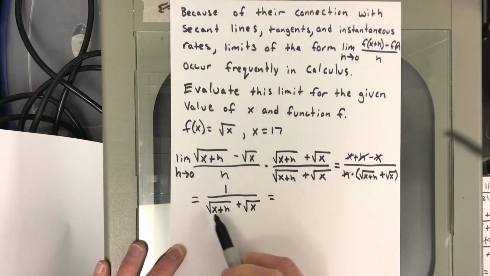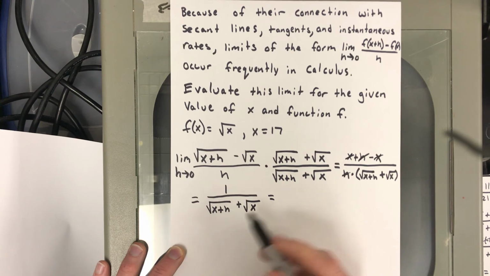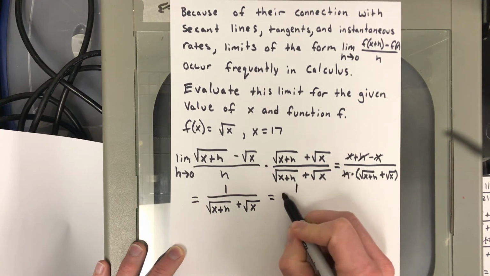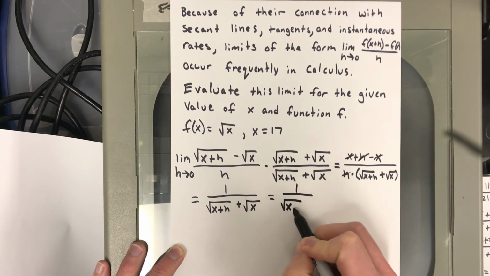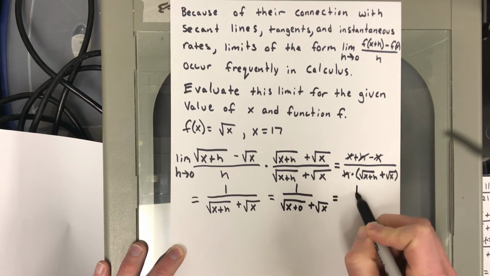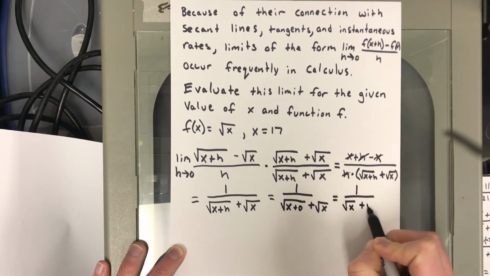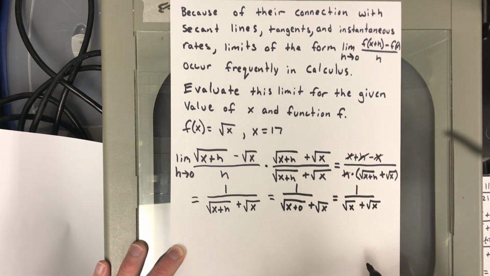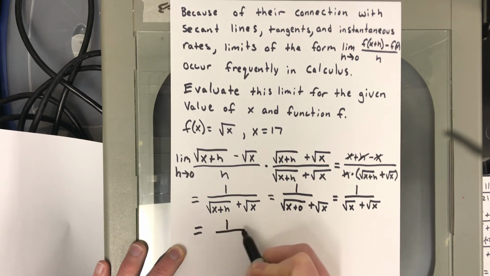Now I can actually evaluate this for the limit as h approaches 0. So I'm going to plug that in, and that's going to give me 1 over square root of x plus 0 plus square root of x, which is 1 over square root of x plus square root of x, which gives me 1 over 2 square root of x.